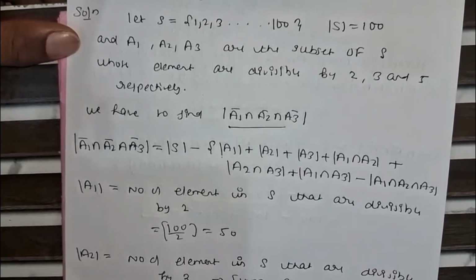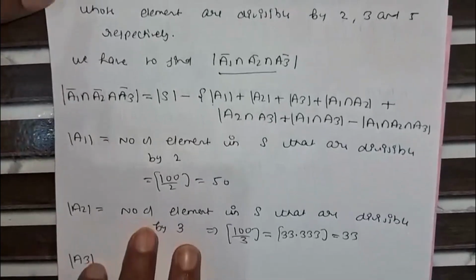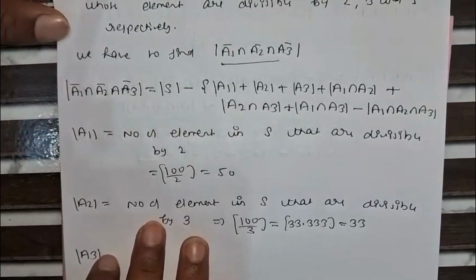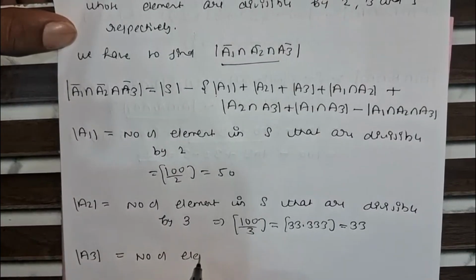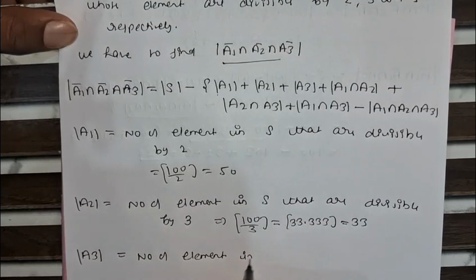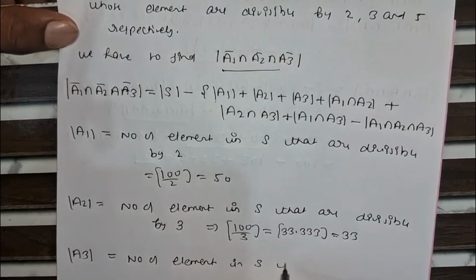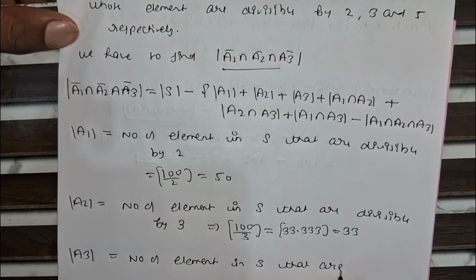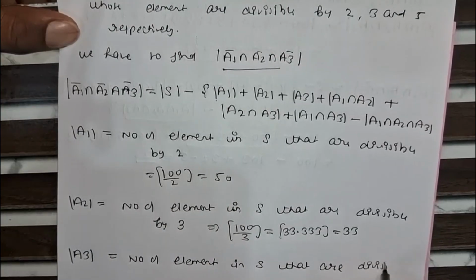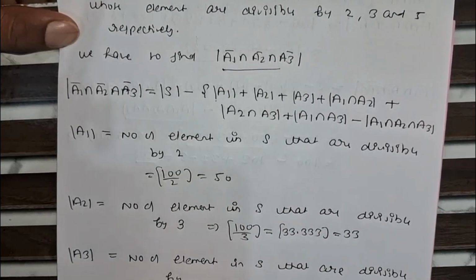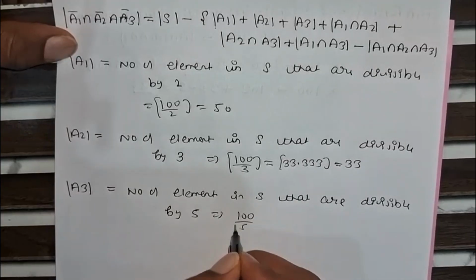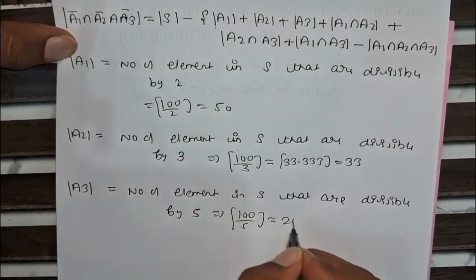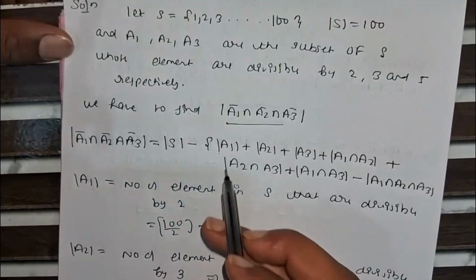Now mod A3 equals the number of elements in set S that are divisible by 5. So 100 divided by 5 equals 20. So we have the A1, A2, A3 values.